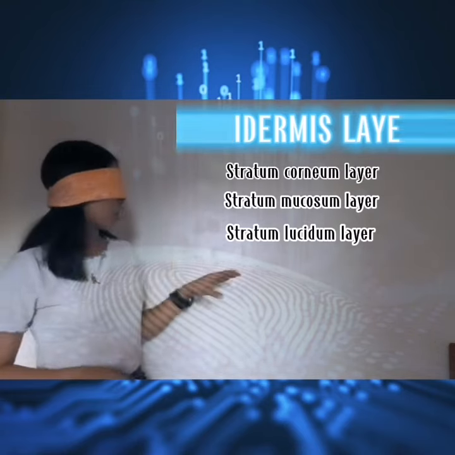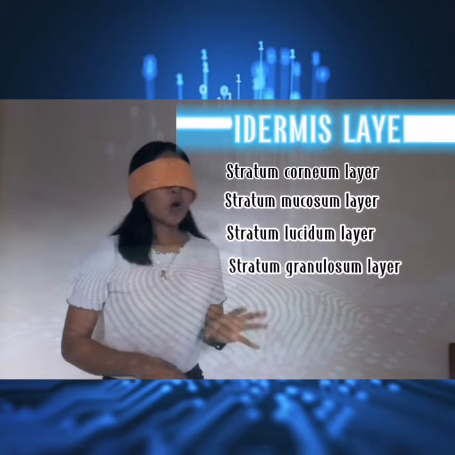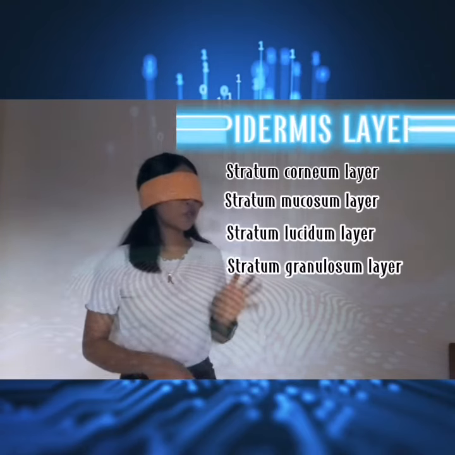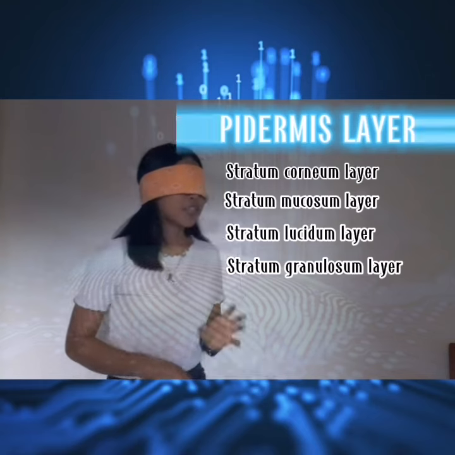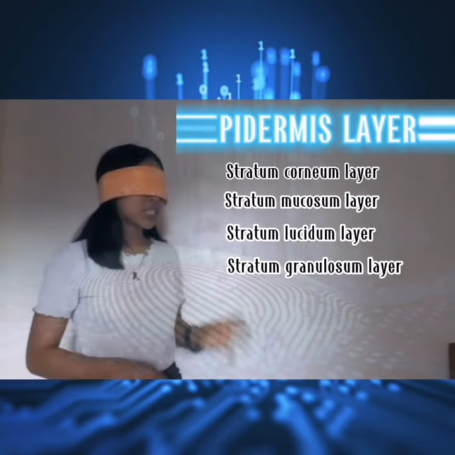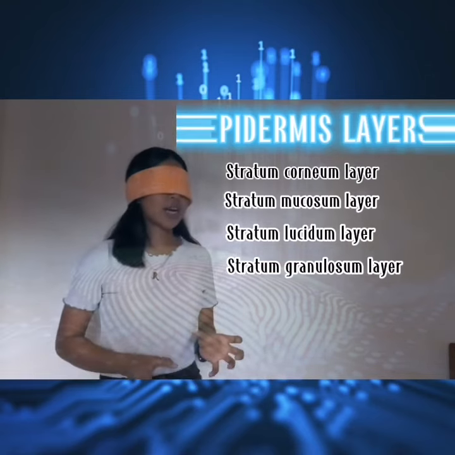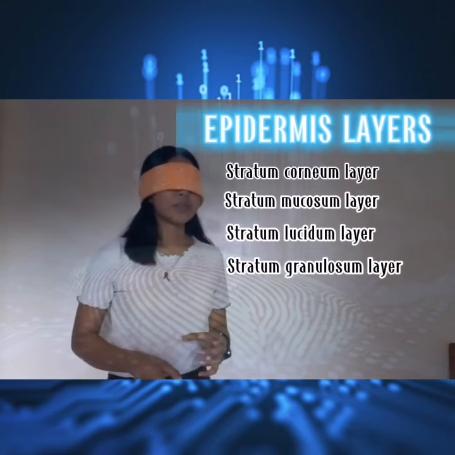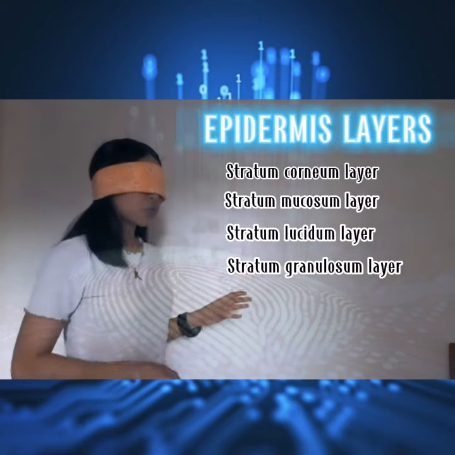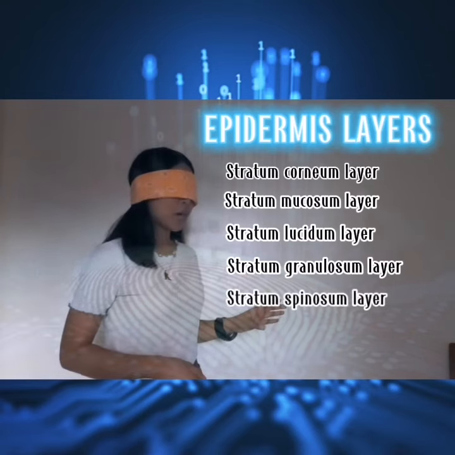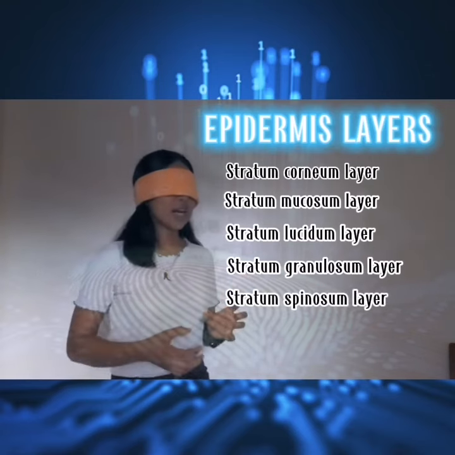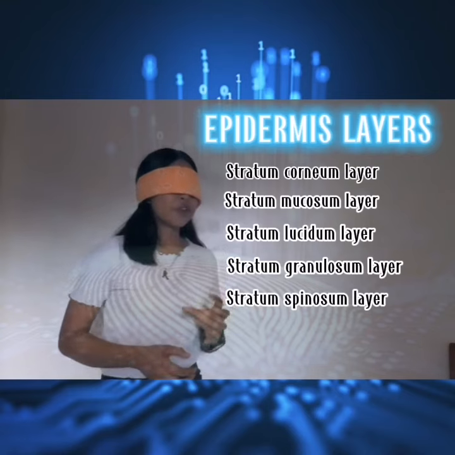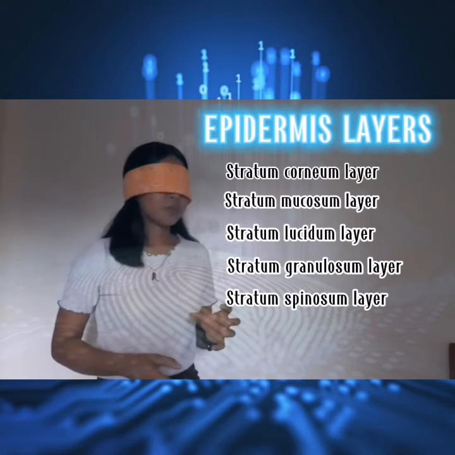Fourth is the stratum granulosum, which consists of 3 to 4 layers of cells thick, consisting of flattened keratinocytes. At this level, the cells are dying. Fifth is the stratum spinosum, which consists of keratinocytes and is referred to as the living layers.